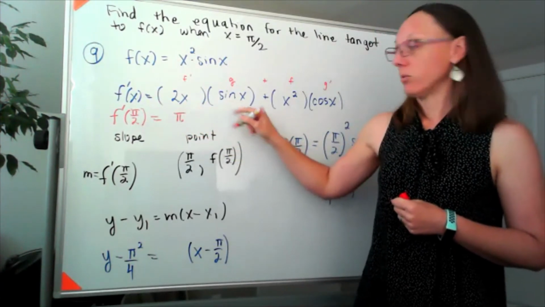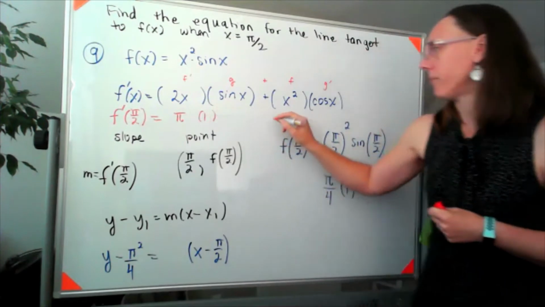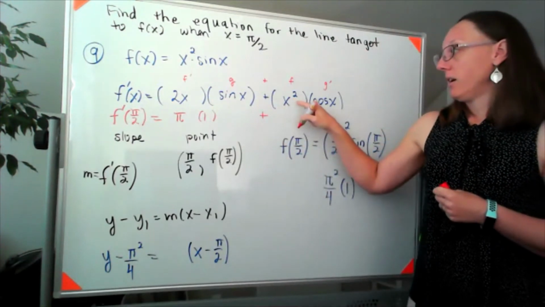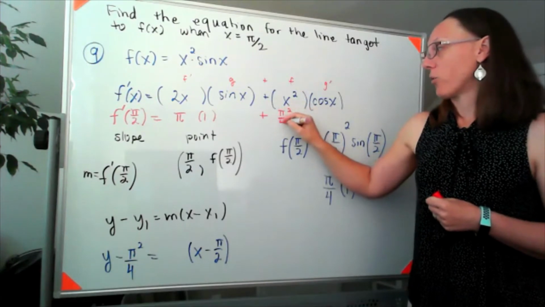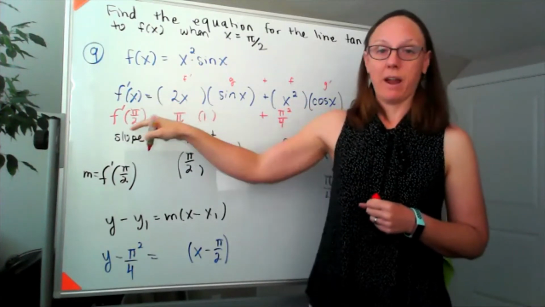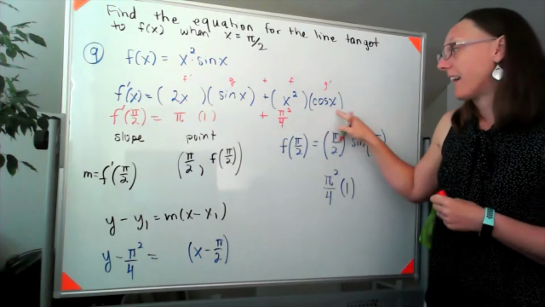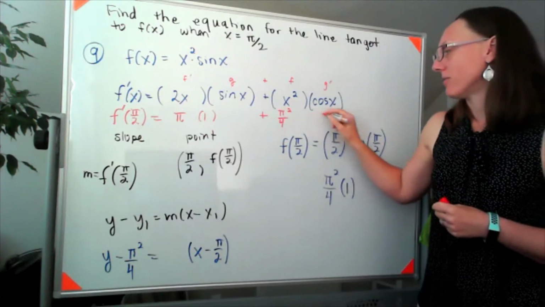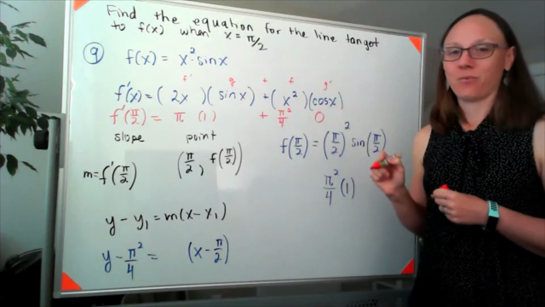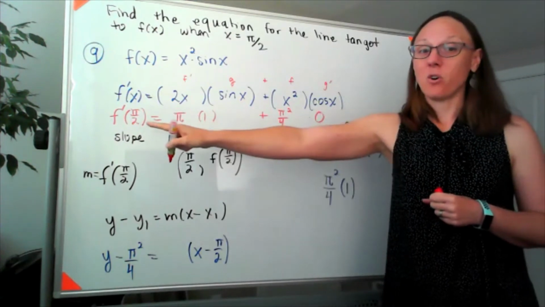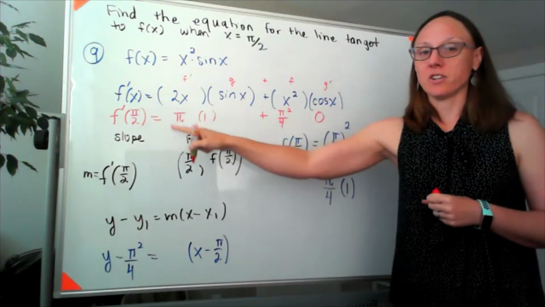Sine of pi over 2, we figured out was equal to 1. Since I've got an x squared, that's another pi squared over 4, because I'm taking pi over 2 times pi over 2. And cosine of pi over 2, another number we should have memorized, is 0. Well, that means that my slope at pi over 2 is just going to be equal to pi.